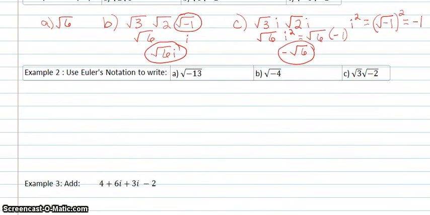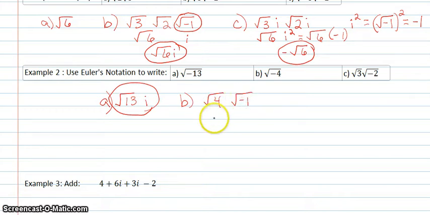Okay, in the second example, we're basically taking the i's, or the square root of negative 1, out of each of these. On A, that's the square root of 13 i, and we just leave it like that because we can't simplify. Then on B, now we can split this up so that it is the square root of 4 times the square root of negative 1.